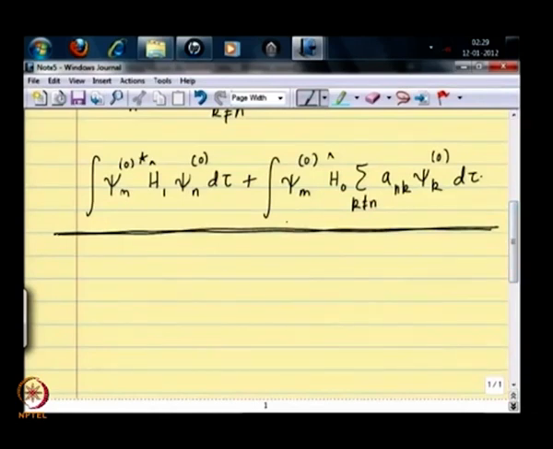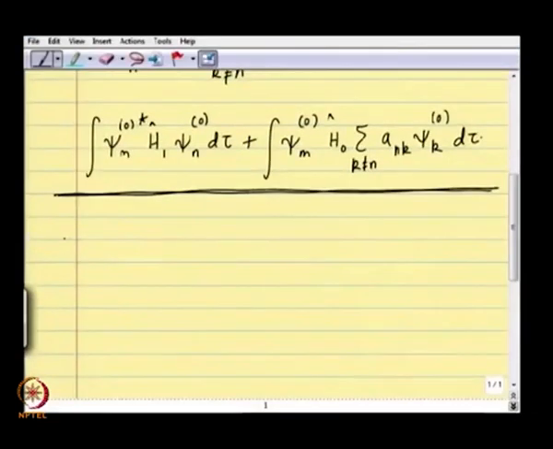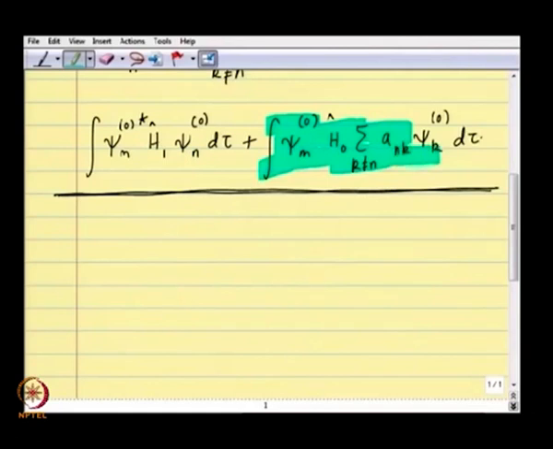We do know something about this integral, the second term. Okay, let me go to the full screen. We do know this particular term, namely this one. See that the operator H0 acts on psi k0 on the right hand side, or psi m0 on the left hand side.